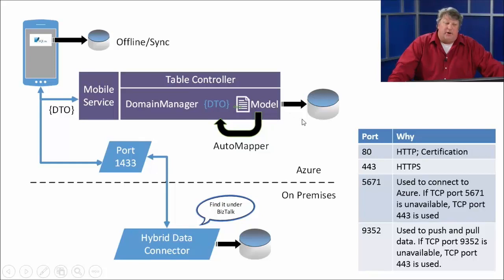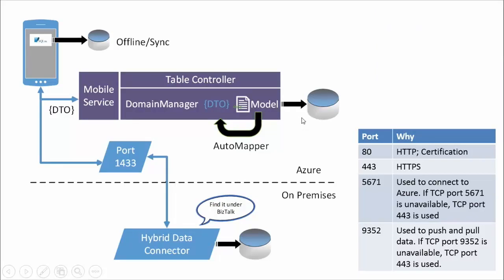So that's one scenario. Another scenario may be where you've written a mobile application and you want direct access to your on-premises SQL Server. In that case, again, mobile services has features that can help you.